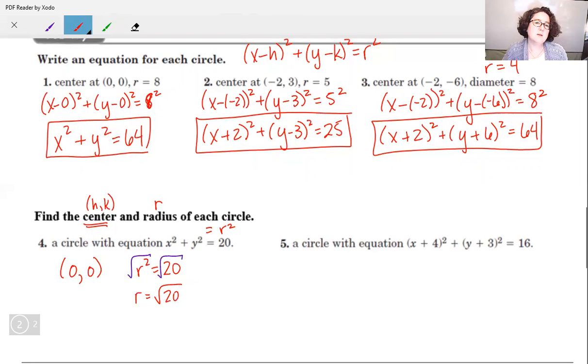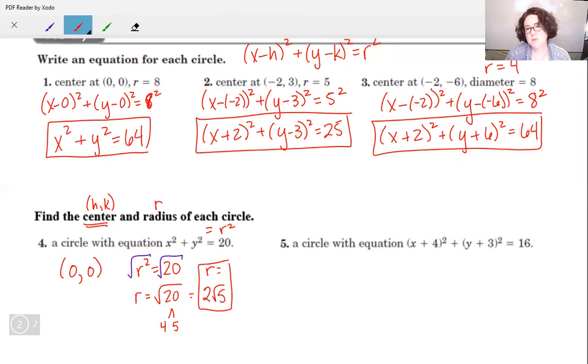But thinking back to when we did a little bit of simplifying in our right triangle unit, we need to actually simplify this out. So square root of 20, are there any perfect squares I can factor out? Well, yeah, 20 is the same thing as 4 times 5, and 4 is a perfect square. So I could actually write that as 2 root 5. So that is going to be my radius.